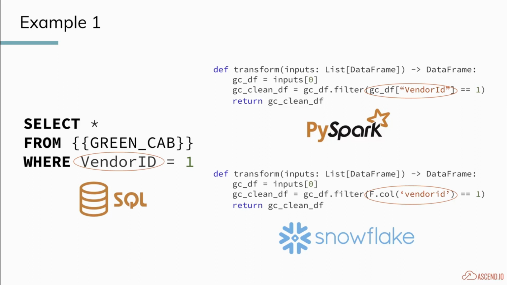This should be a standard thing. And so you'll generally see columns referred to like this, usually within square brackets as such, or within the parentheses within col before it. Green cap, for example, is a table that we're pulling from. And you'll notice this is how we might call it in there, right? We call it GC, short for green cap, and then df after to refer to the data frame.